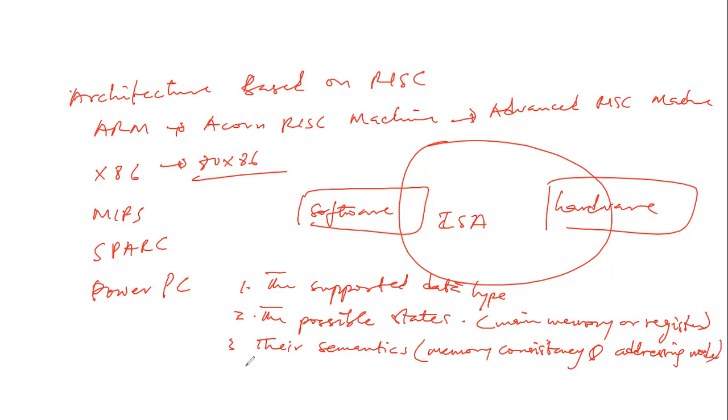And then we talk about the instruction set, which is a set of machine instructions that comprises a computer's machine language, okay? And then the last point under ISA is the input-output model.